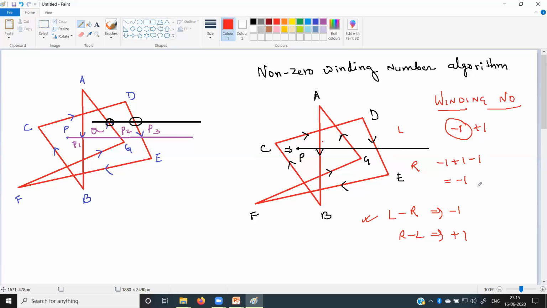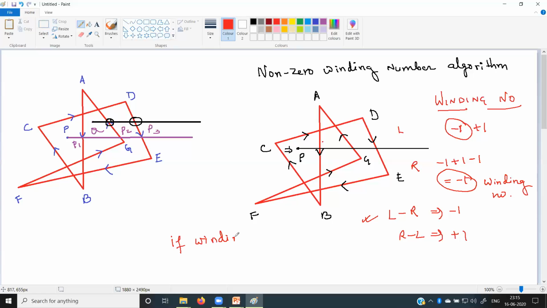In the non-zero winding number algorithm, this number minus 1 is called the winding number.